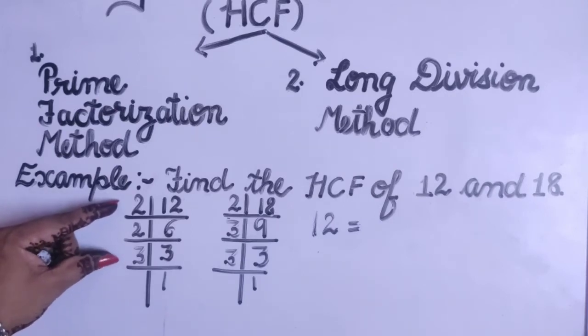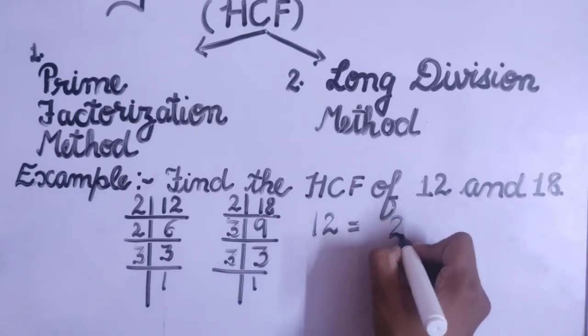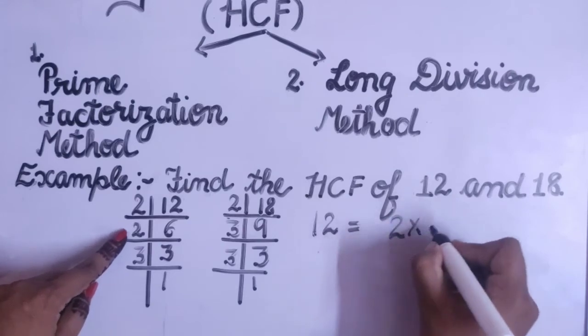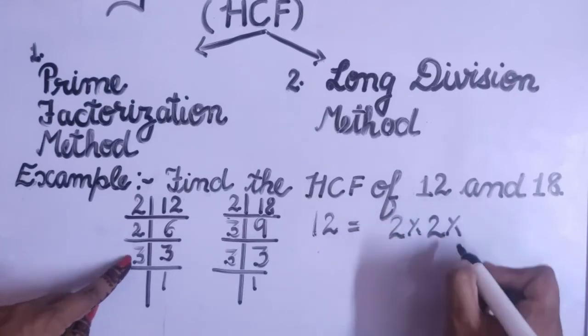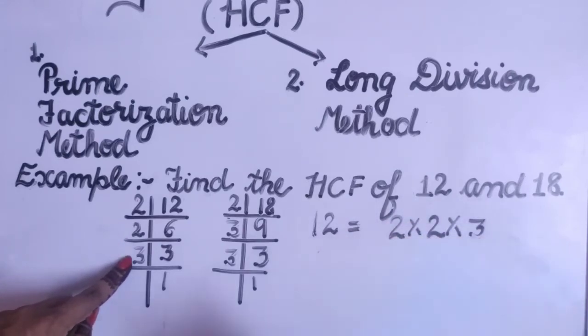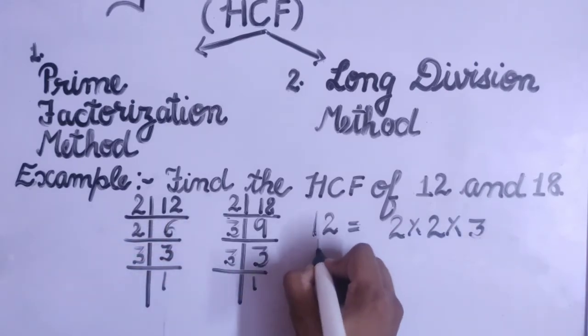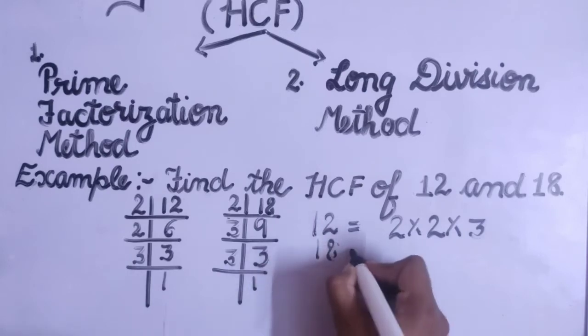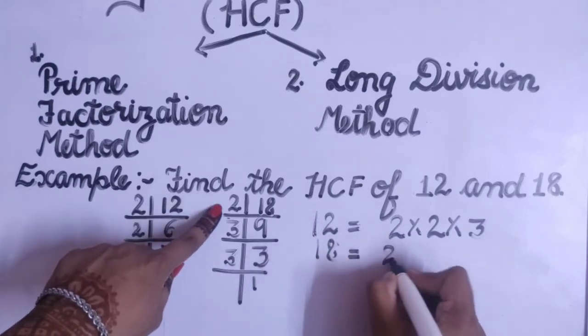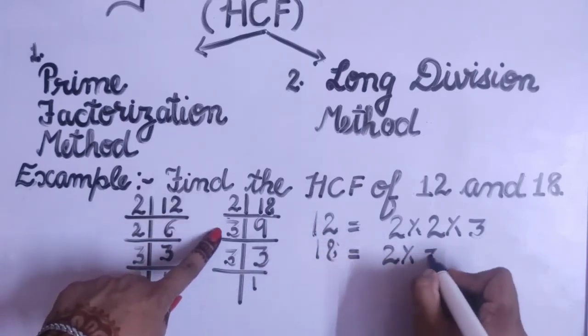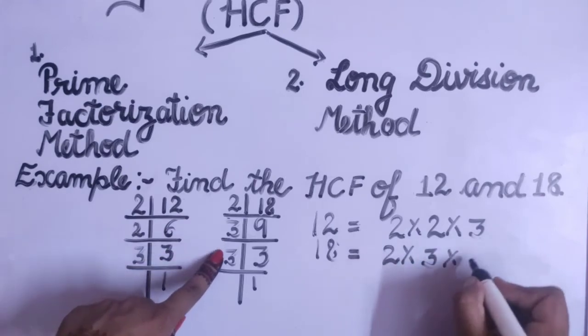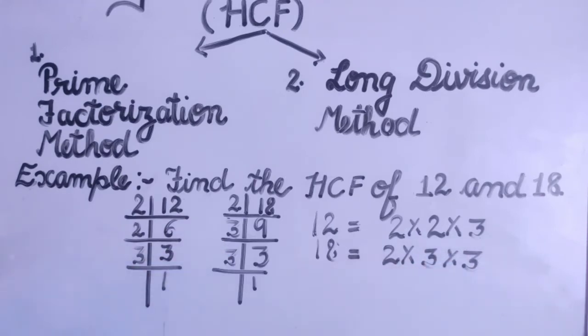These are the prime factors. So 12 is 2 multiply 2 multiply 3. Now write down the prime factors of 18: 2 multiply 3 multiply 3. Yes, this was the first step.